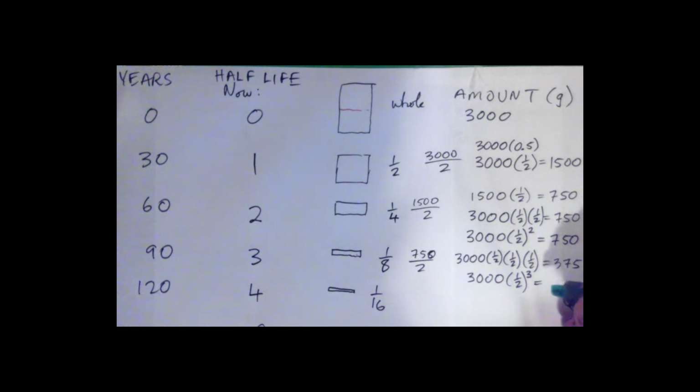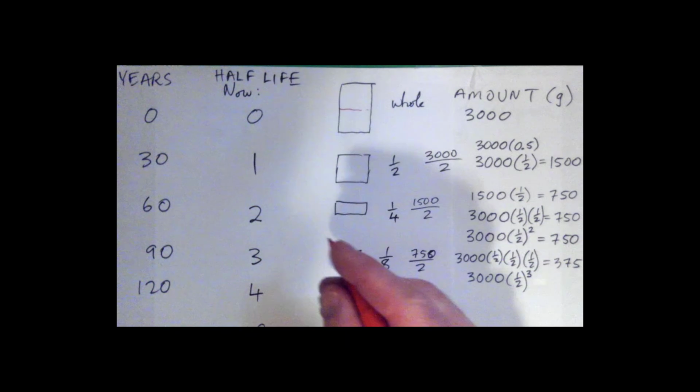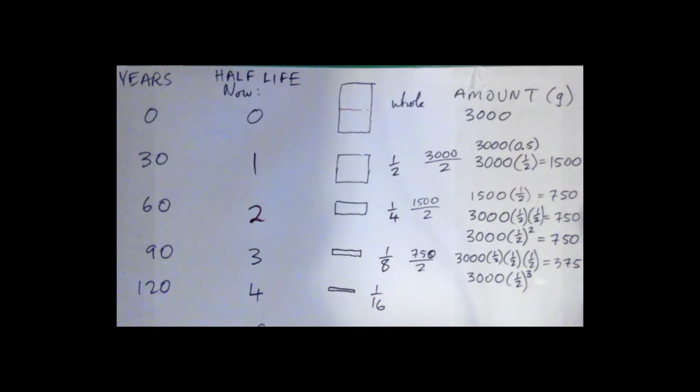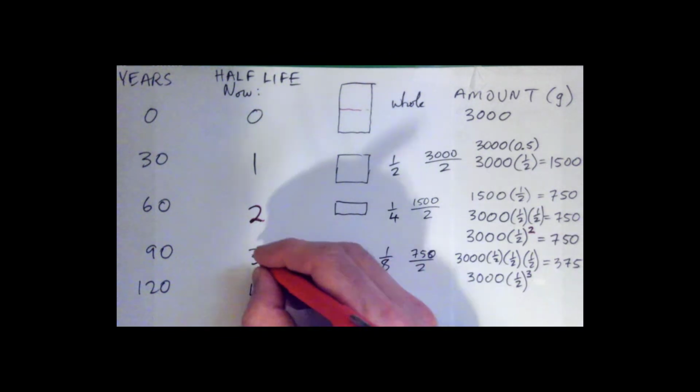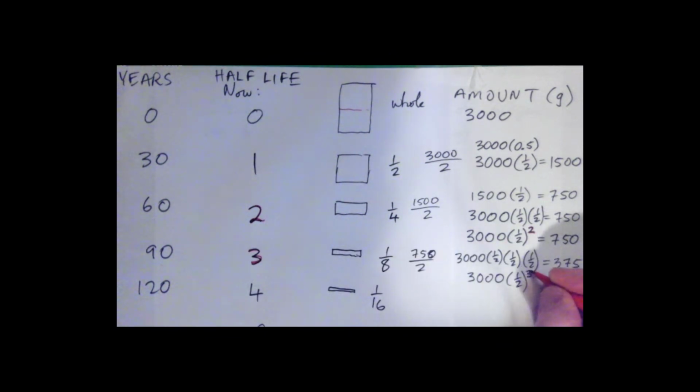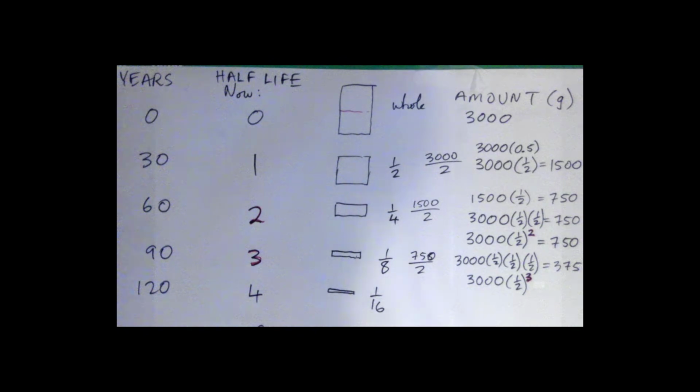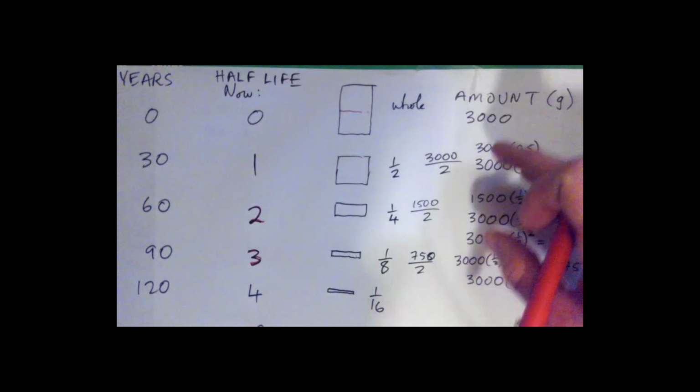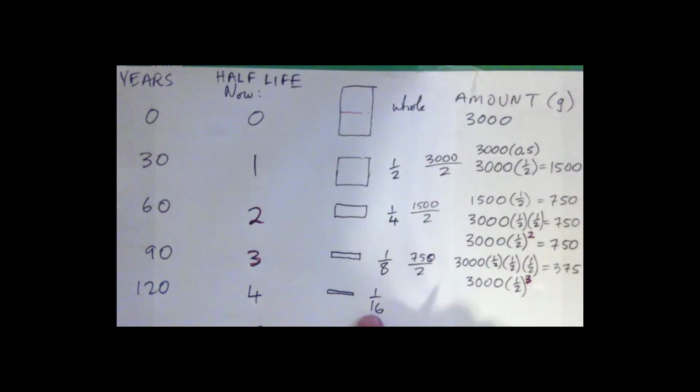Okay. Yeah, because now we can see a pattern. When we had 2 half-lives, it was a half squared, wasn't it? When you have 3 half-lives, it was a half cubed. So what I want you all to do is figure out if you have 4 half-lives, what's remaining. Yeah, so go ahead and just do 4 half-lives.